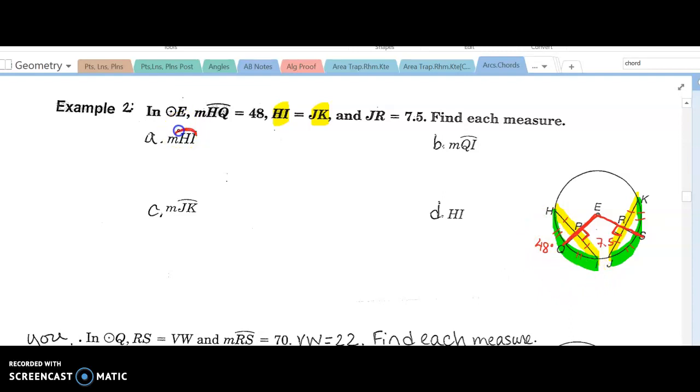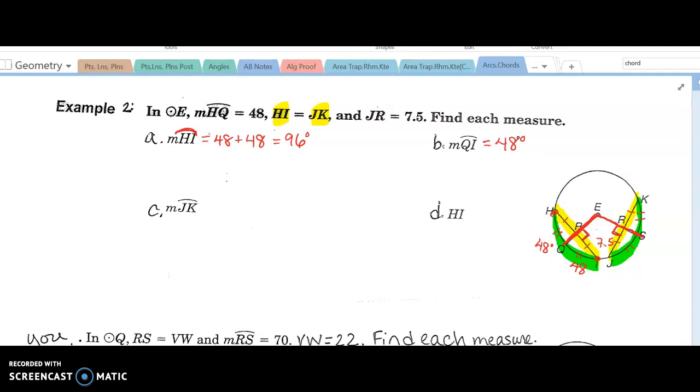I know it's an arc and not a chord length because it's got kind of the rainbow look to it and it's not straight across. So from here all the way to here would be 48 plus 48 or 96. Then for QI, well, it had to be 48 because it was bisecting. The radius was bisecting that arc.